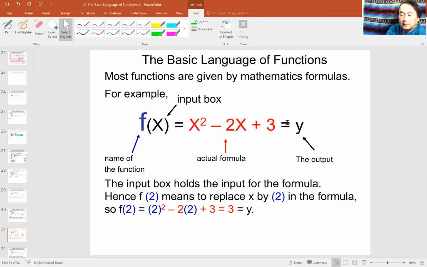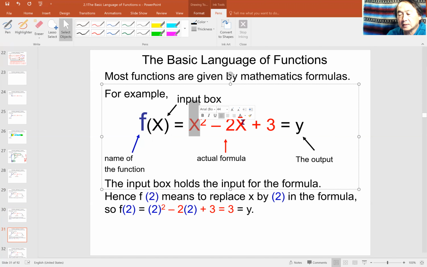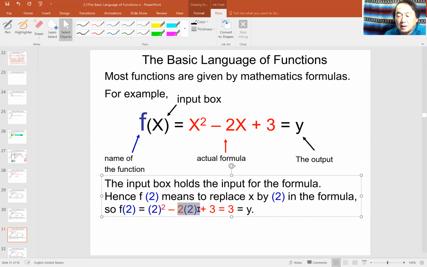Now if the input is 2, we take 2 and process it by f. Take 2 and slot it into where the x is. Replace the input x with 2, put it in there in this manner, and this will give you an expression which we can calculate.